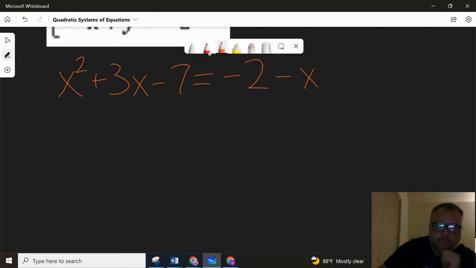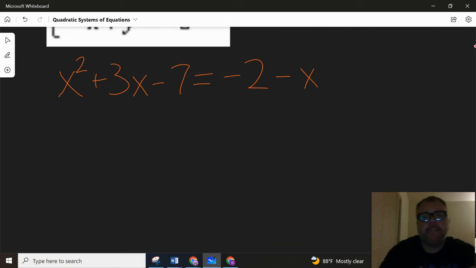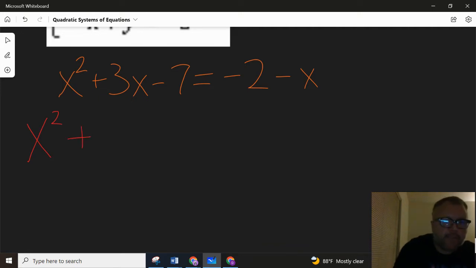So let's simply add 2 to both sides and add x to both sides, right? So now I have x squared. I'm adding x to both sides, so now it's plus 4x. I'm just combining my like terms, and then adding 2 to both sides, right? So now we have a minus 5 equals 0.